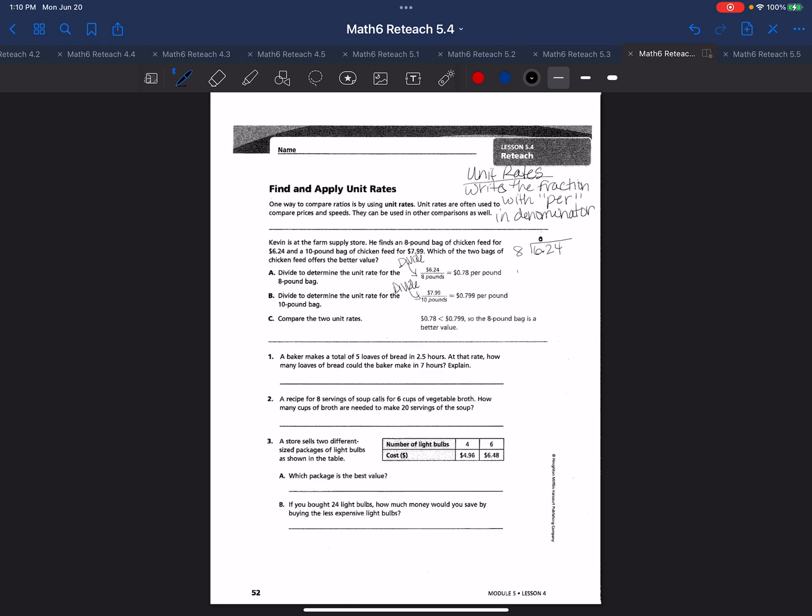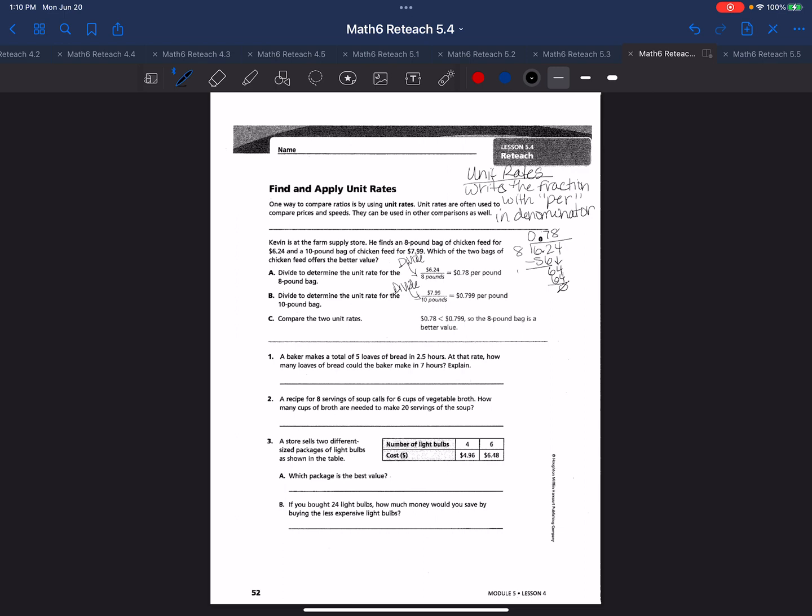Then make sure you put your decimal on top when you're dividing. Okay, can 8 go into 6? No. Can 8 go into 62? Yes, 7 times. 7 times 8 is 56. Subtract, bring down. 8 into 64, 8 times. We're done. Okay, let's do the next one.